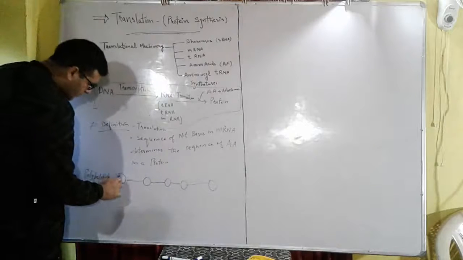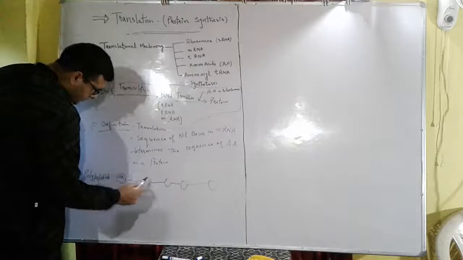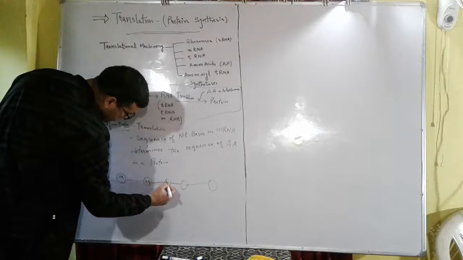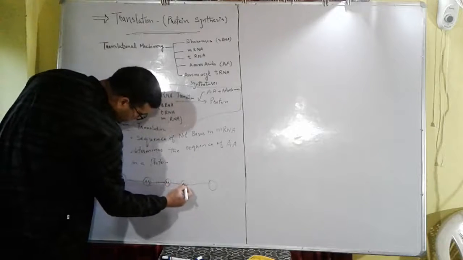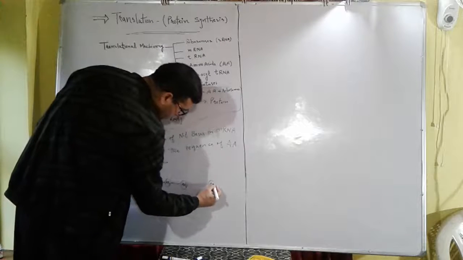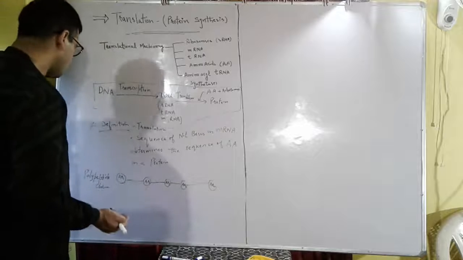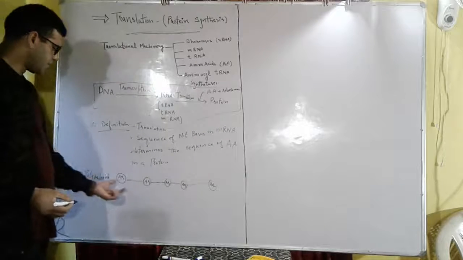We have, for example, amino acid 1, amino acid 2, amino acid 3, amino acid 4, and so on and so forth, up to the nth amino acid. So this is a polypeptide chain.